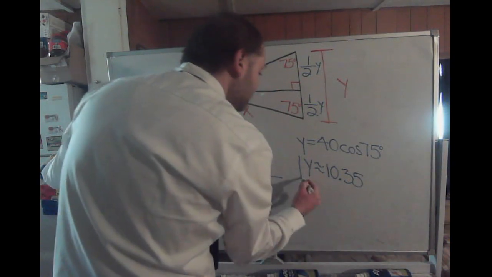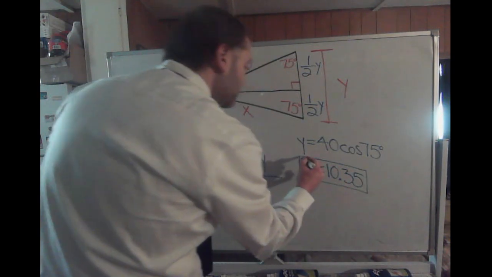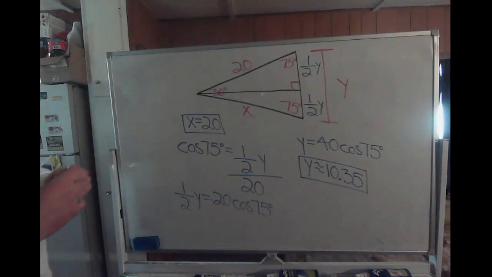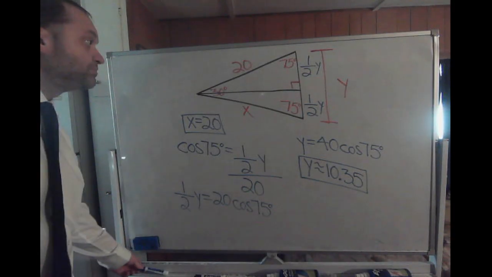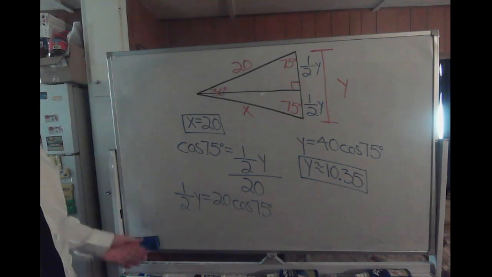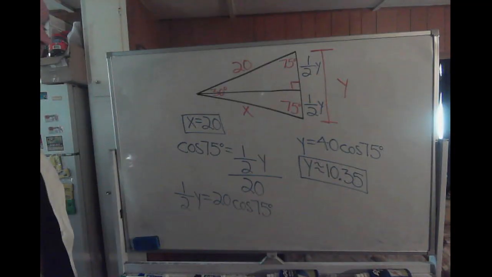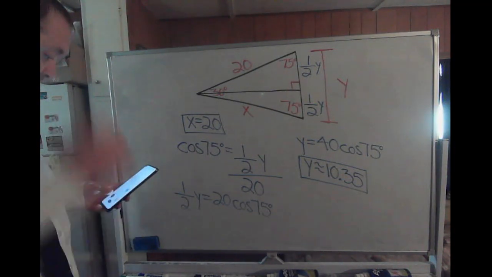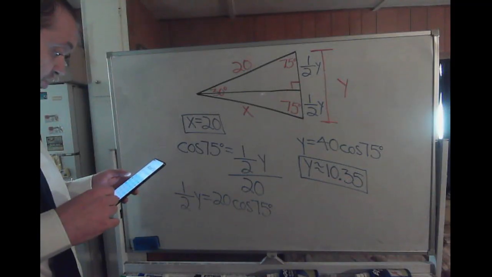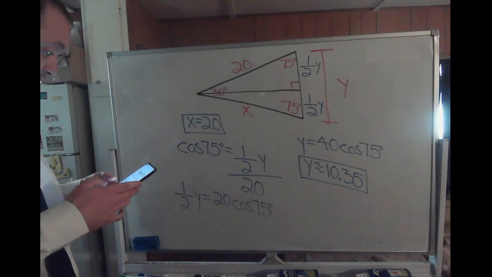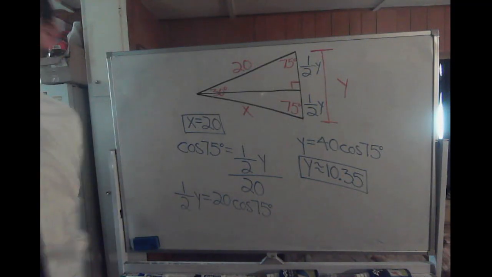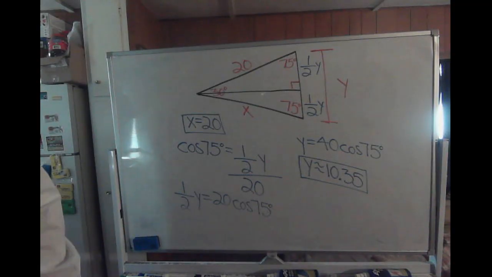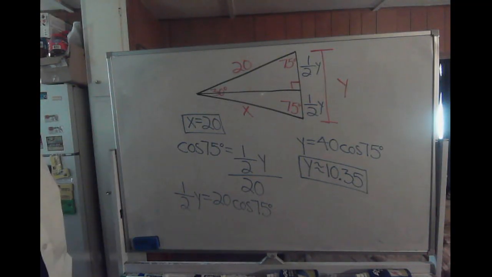So Y is approximately equal to 10.35. And that's it for today's lesson. I did put that in, right? Yeah, I sure did. Alright, yeah, 10.35. I guess I just didn't draw it to scale very well, but yeah.